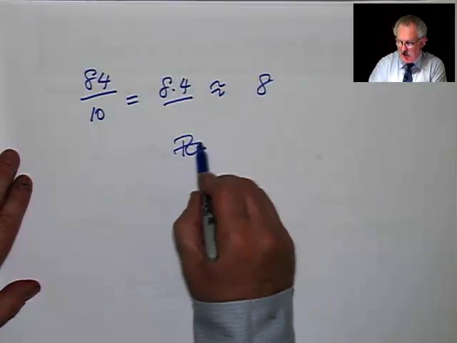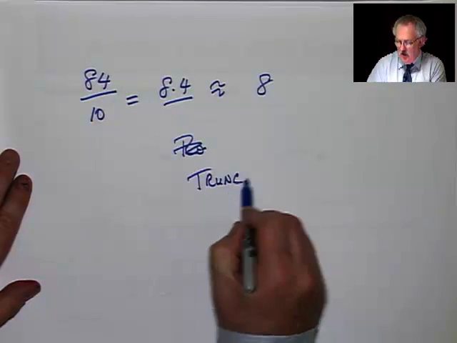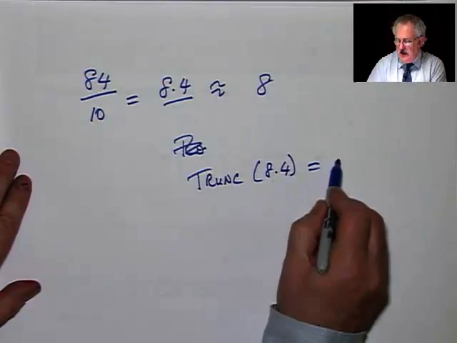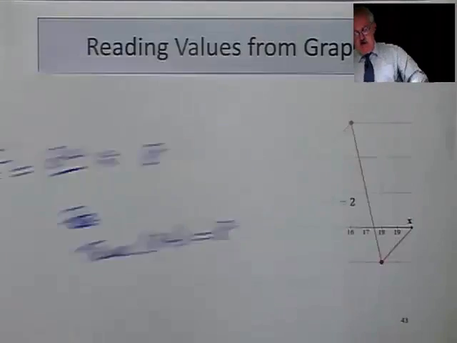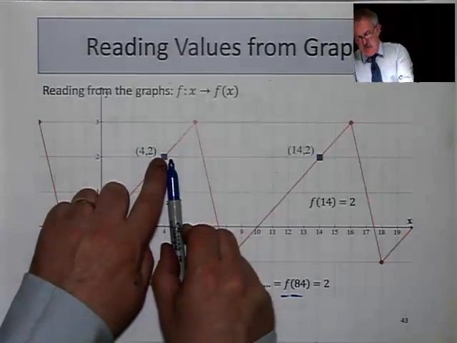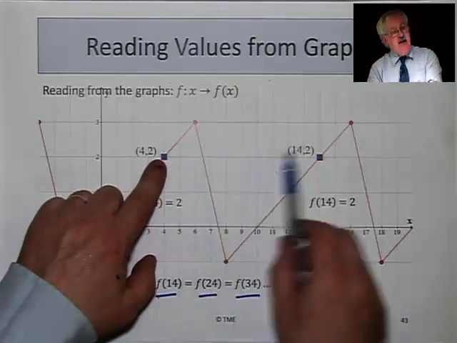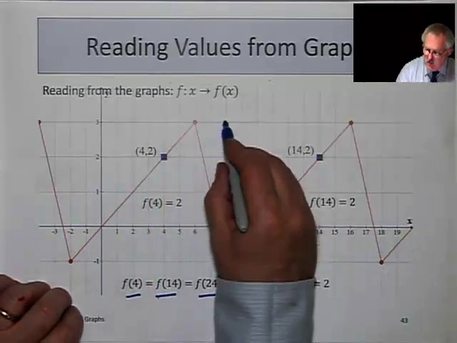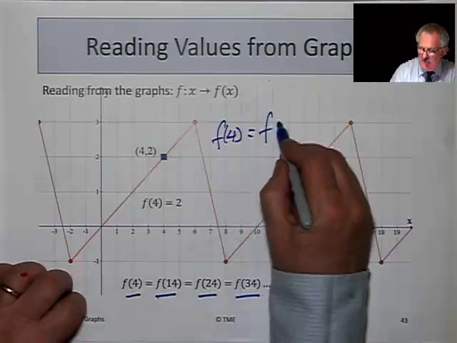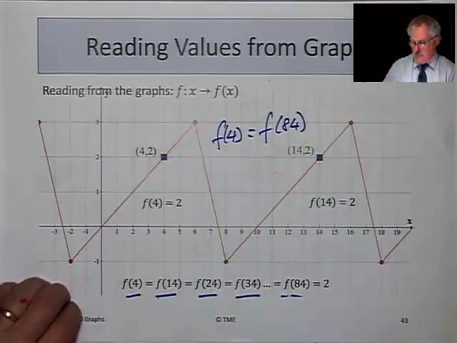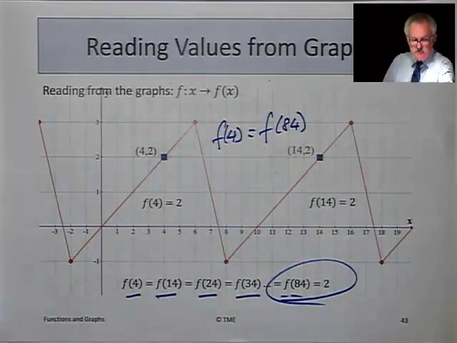It's truncating. 8.4 is 8. So it's the value of 4 plus 8 other periods. So f of 4 is the same as f of 84. That must be 2.